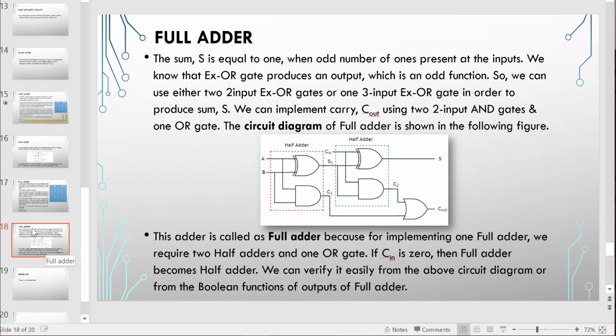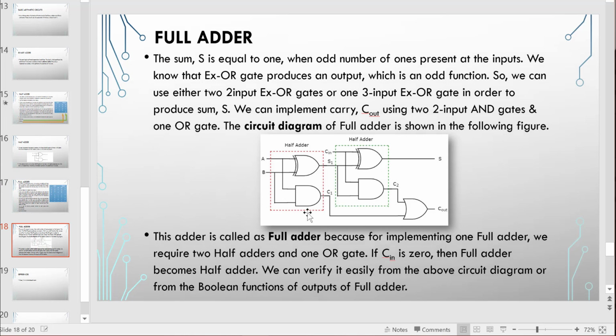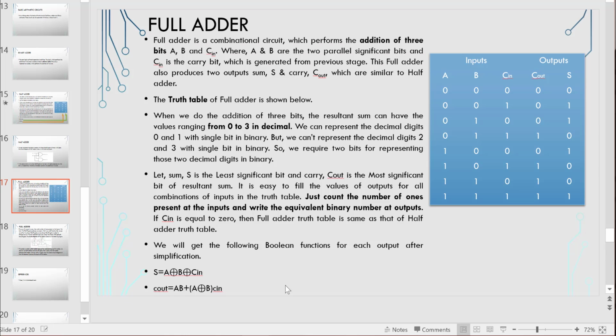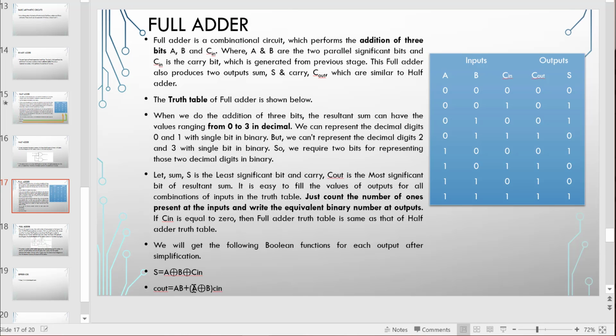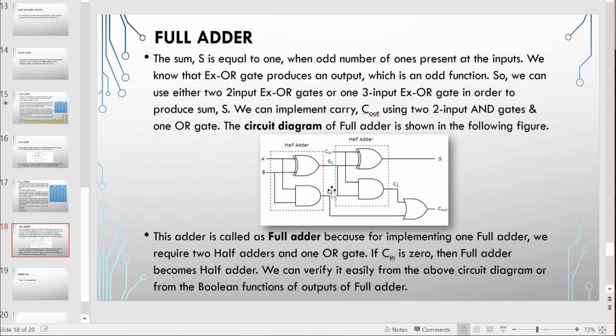And similarly for the carry, first we check AB, and an AND gate is used for A and B, right? Then A and B are exclusive ORed, and this output is used with the Cn in an AND gate.